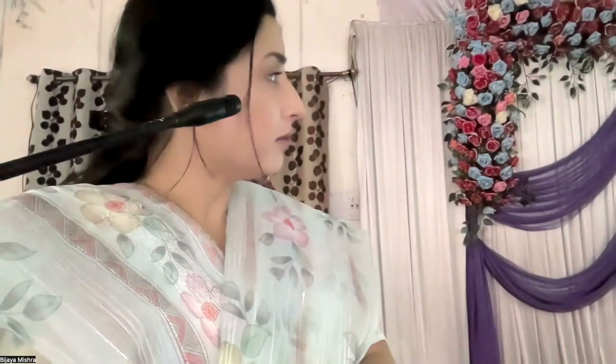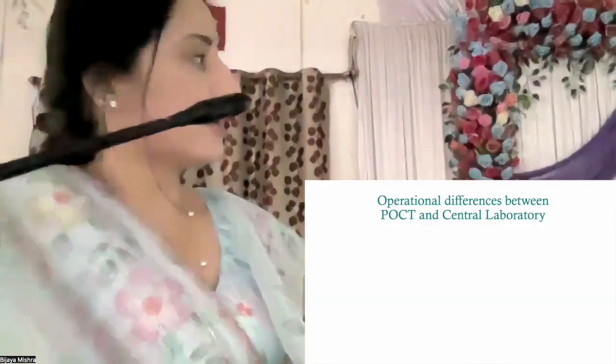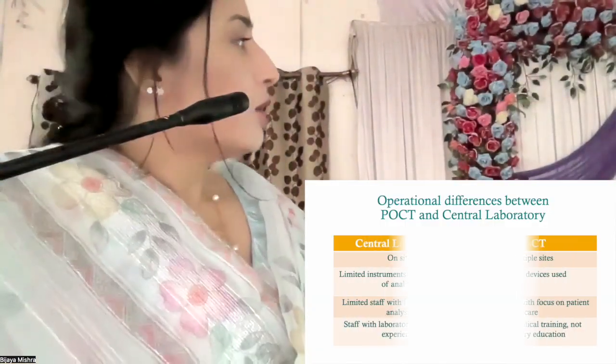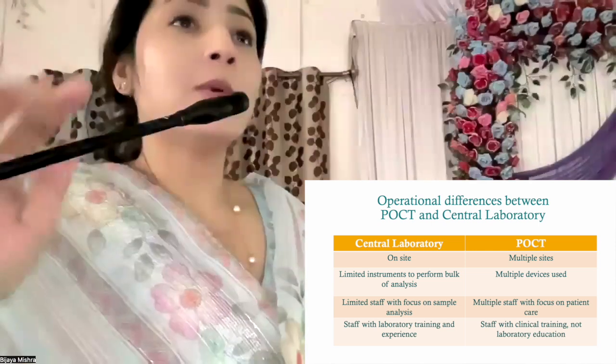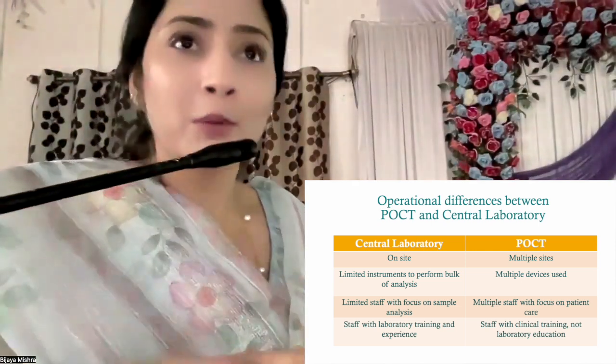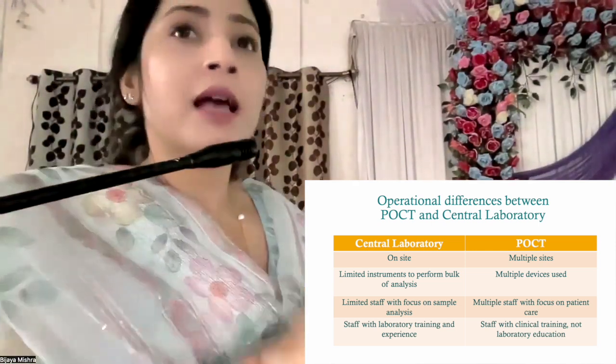Now, before we dive into the topic of point of care testing, let's look at the difference between the central lab and the point of care testing setup. We all know that the central lab is on site. It is immobile. The lab is there and the sample goes to the lab.